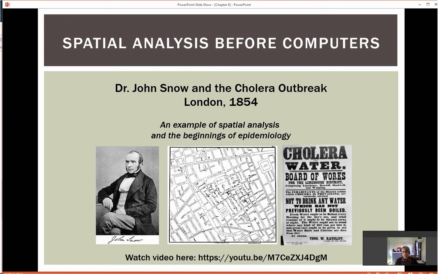It didn't really come around until Dr. John Snow solved the cholera outbreak in London in 1854, which is widely accepted as the first example of spatial analysis. It's also the beginnings of epidemiology. He sought to figure out where the cholera was coming from, because it was previously believed to be in the air, something that floated around in the vapors.